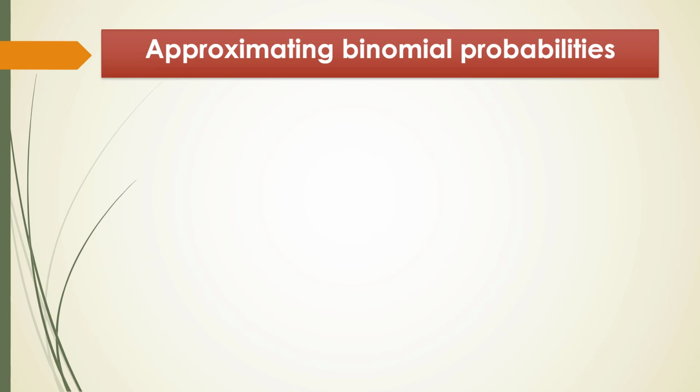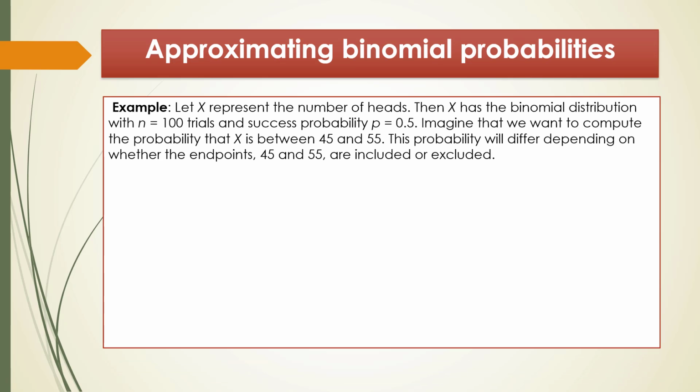To see how continuity correction works, let's consider this example. Let x represent the number of heads. Then x has the binomial distribution with n is 100 trials and success probability p is 0.5. Imagine that we want to compute the probability that x is between 45 and 55.